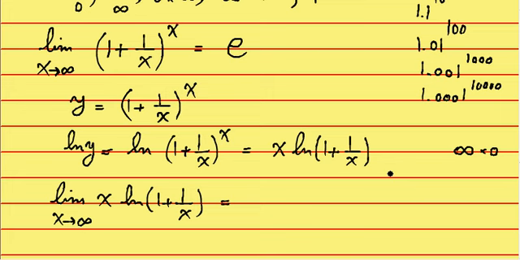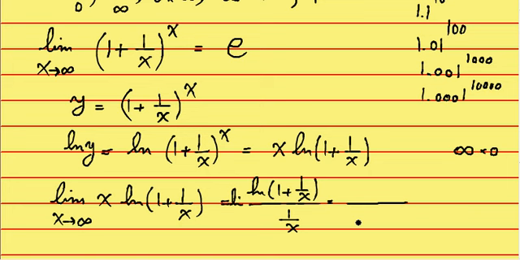Perhaps the simplest way I can convert this is to write it as the logarithm of (1 + 1/x) divided by 1/x and try to take a limit of that. Now I apply L'Hospital's rule. I have to take a derivative of the denominator.